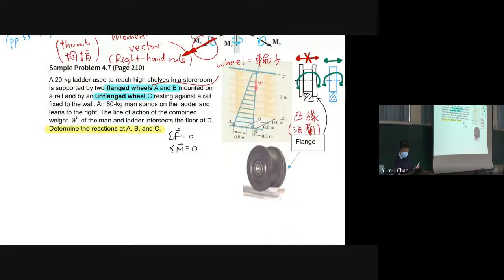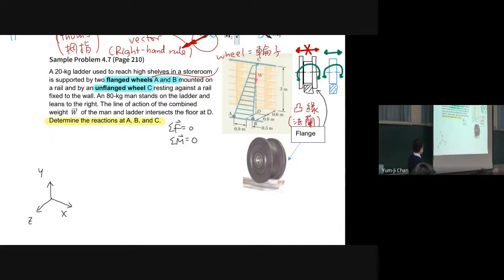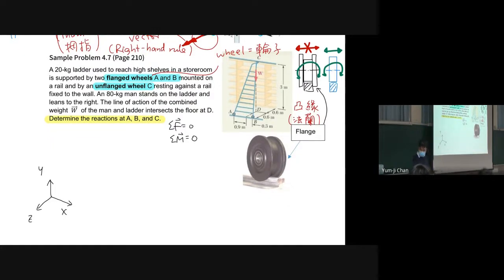For 3D problems, please be careful in drawing free-body diagrams. I'm using the parametric one, and it's okay. Now, for the free-body diagram, please go, take your time.